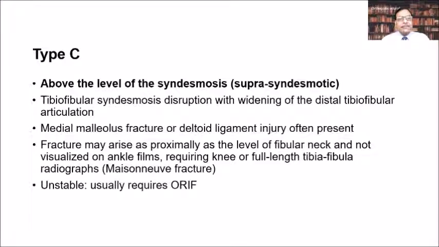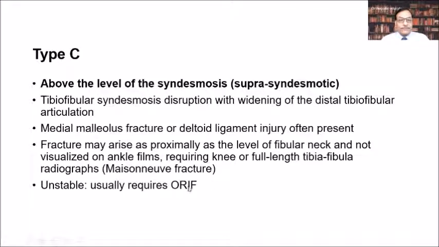Here, the tibiofibular syndesmosis is disrupted and there will be widening of the distal tibiofibular articulation, and there will be a medial malleolus fracture or the deltoid ligament will be ruptured. And it is to be remembered that the fracture above the syndesmosis can happen at the neck as well.